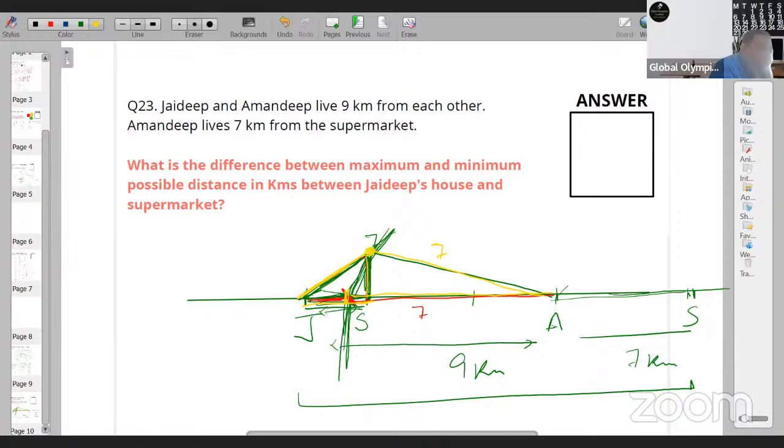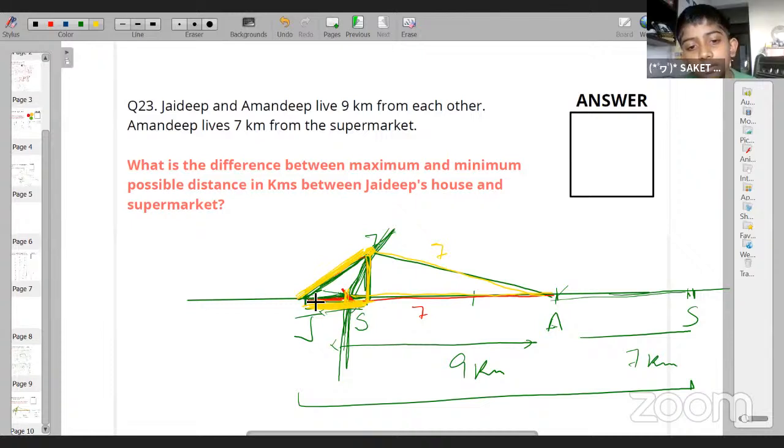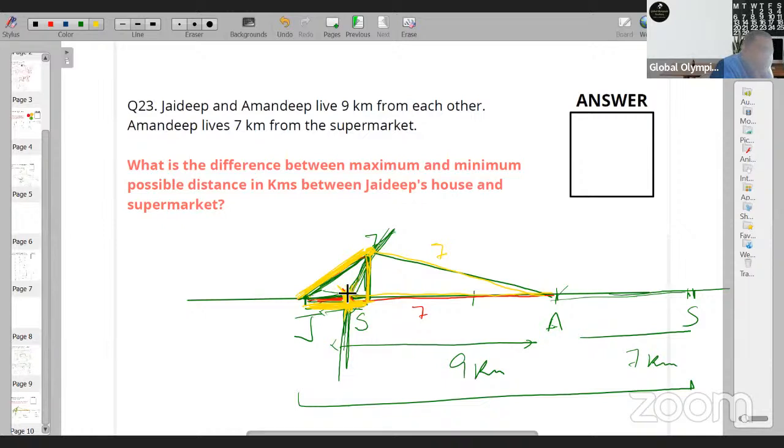Why? Because when I drop a perpendicular and make a right angle triangle, this base is shorter than this distance. And the distance where the circle cuts this line at this point is shorter than this one. We can see this very clearly. Therefore, that becomes the shortest length.